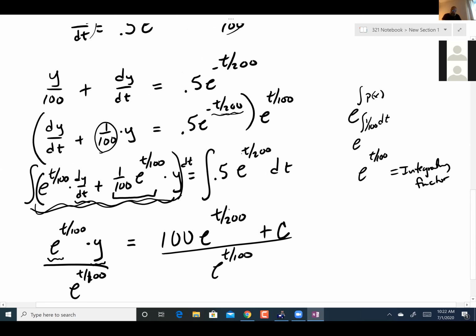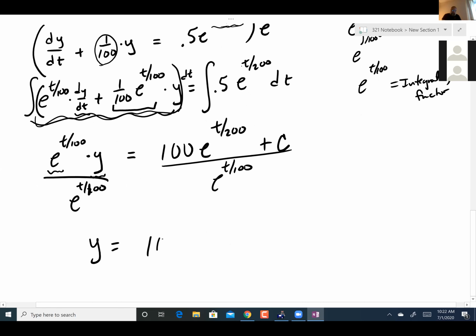So if I divide that back by what I did previously, I will get back what I started with, which is going to be 100 e to the minus t over 200 plus c. And then, what is c divided by this? Well, it is c times e to the negative t over 100. And then we're good to go.